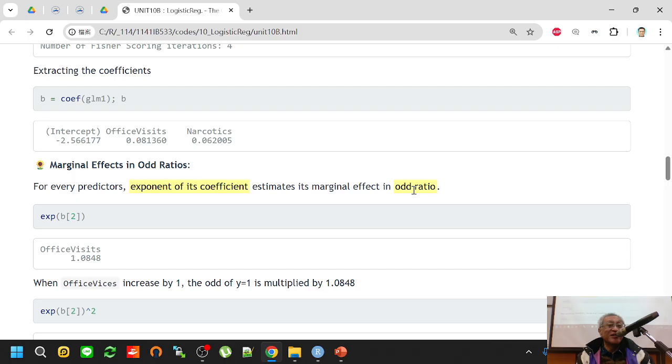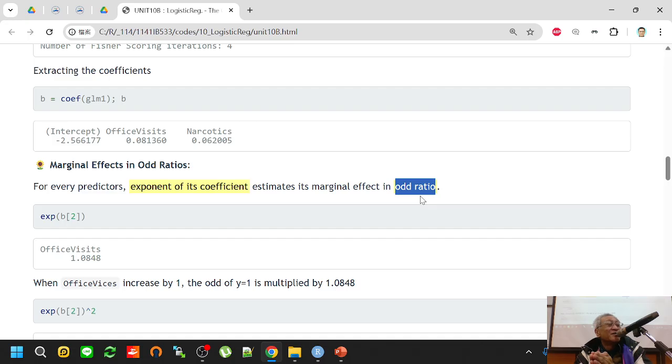So for every predicting variable, the exponent of its coefficient can estimate its marginal effect in odds ratio. Okay? Because right now we are not talking about the value of y, right? We are talking about the probability of y equal to 1.